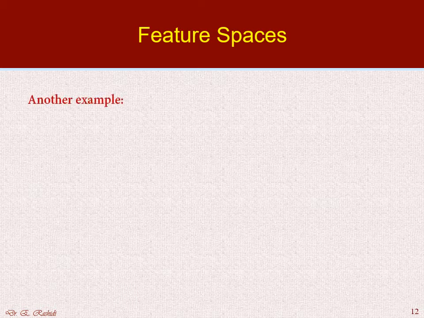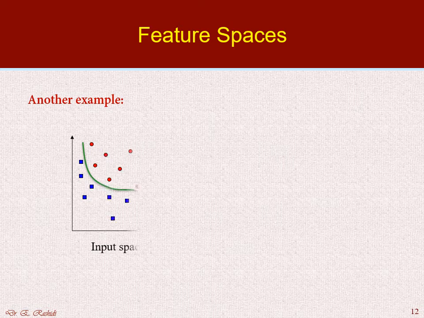Let's see another example for feature spacing and mapping to an extra dimension. Suppose we have this example. We have these two classes, the red circles and the blue squares, and we have these two dimensions, x1 and x2 here.